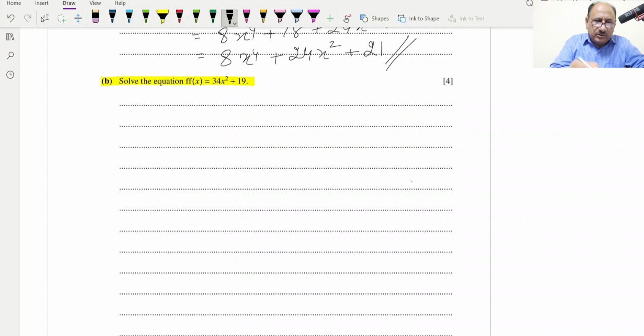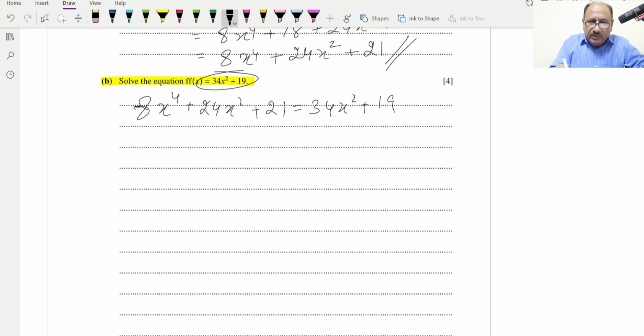So f of x we already calculated: 8x^4 + 24x^2 - 20x + 21 is equal to, it's given, 34x^2 + 19, and we can shift this to the other side and we will get 8x^4 + 24x^2 + 21 - 34x^2 - 19 is equal to 0.